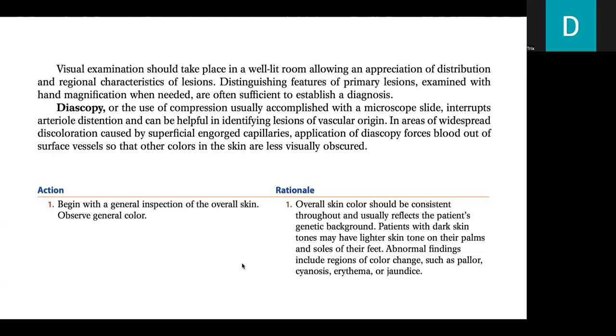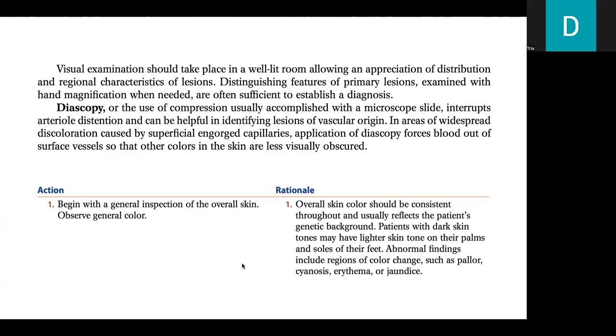Visual examination should take place in a well-lit room, allowing an appreciation of distribution and regional characteristics of lesions. Distinguishing features of primary lesions examined with hand magnification when needed are often sufficient to establish a diagnosis.